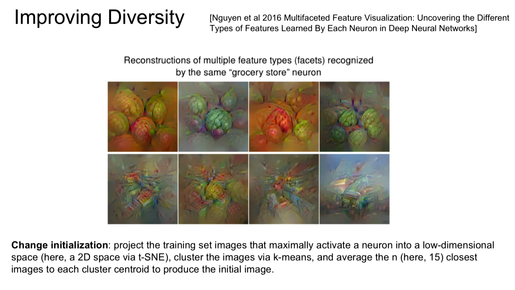So if you start with a grocery store neuron here, you find that you get a whole different set of images simply in different runs of the optimization with different random initialization.